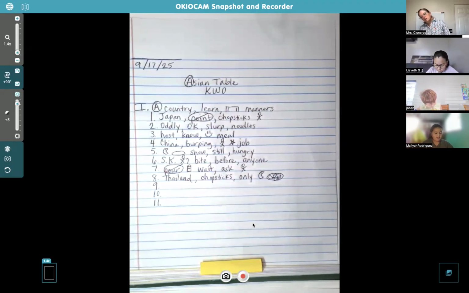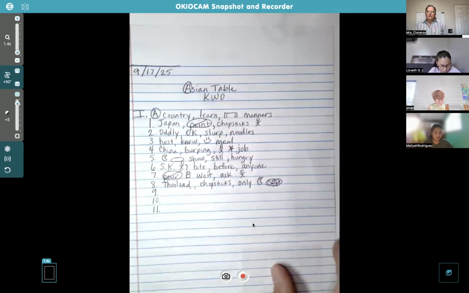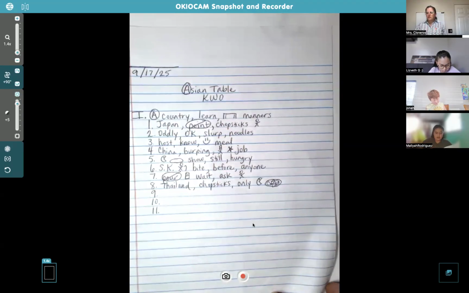For 9, I put a Pac-Man and then rice and then use fingers. Good. And then for 10, it was kind of a hard one. So I got fork, push, spoon, and then a Pac-Man face, and then a spoon, and then an X over the fork, like I drew a fork.